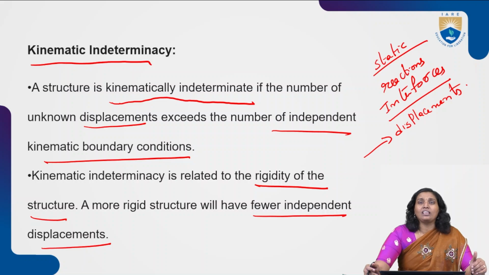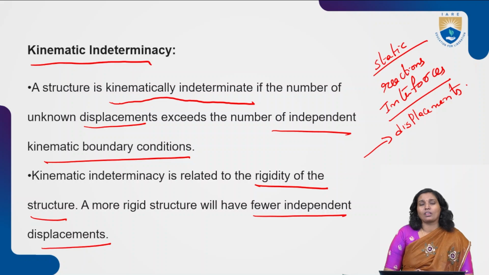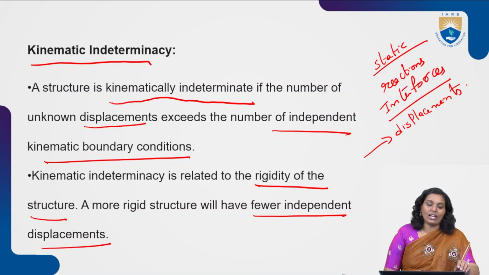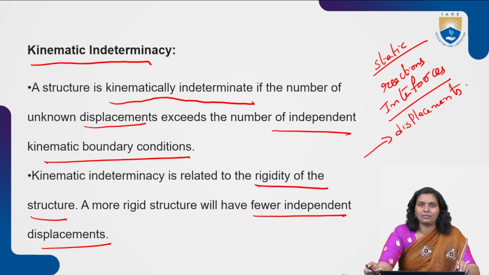Coming to the displacements, the kinematic boundary conditions have their own independent numbers. When the number of independent kinematic boundary conditions is not enough to know the displacement of the particular structure, such a type is known as kinematic indeterminacy.